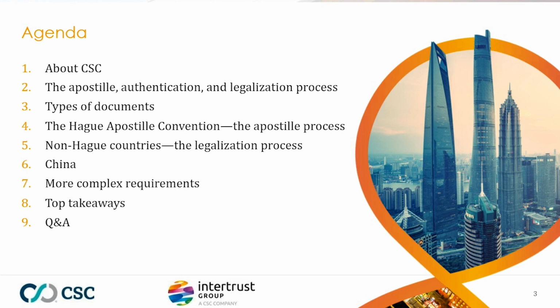We'll talk about the different kinds of documents that you might need to have apostilled, authenticated, or legalized. We'll go into the Hague Apostille Convention and that process. We'll talk about the non-Hague countries, and specifically address China. We'll also look at some of the more complex requirements that you might encounter, and then some top takeaways and a Q&A session at the end.